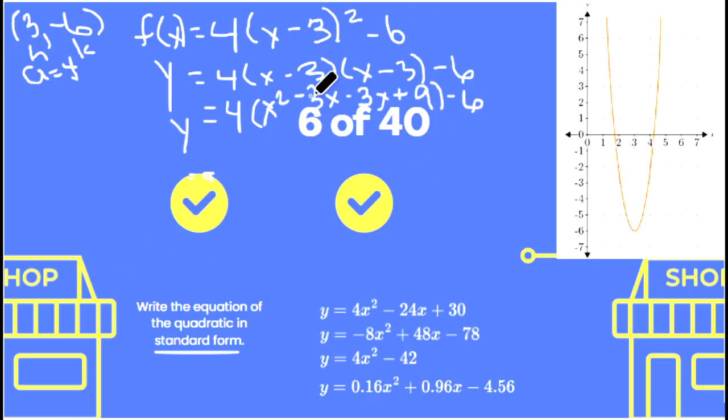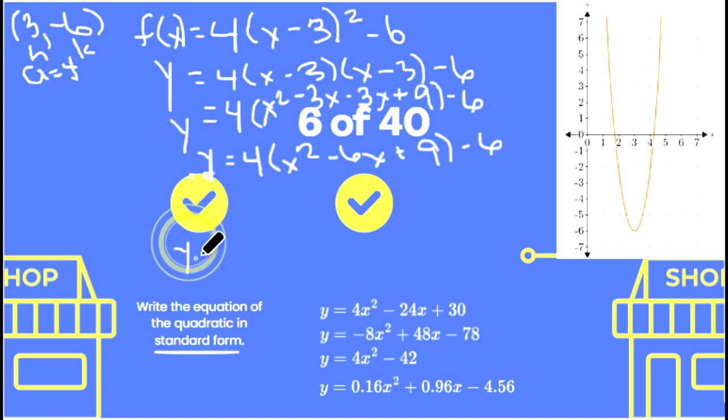Now we need to combine like terms. So we have y equals 4 times (x squared minus 3x minus 3x, which becomes -6x, plus 9). Close the parenthesis, and we still have -6. Now we can't be doing these terms yet. We need to distribute this 4 out.